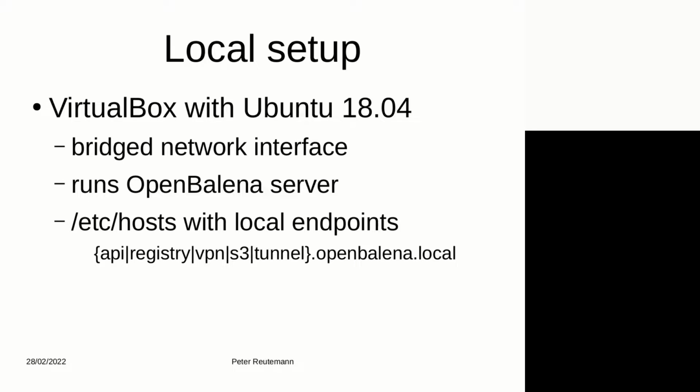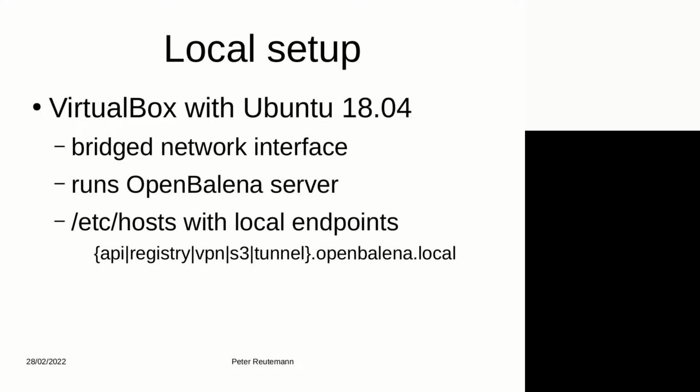On my other laptop, I basically used VirtualBox, where I installed an Ubuntu 18.04. I used a bridged network interface, so it would get its own IP address from my router. And this now runs OpenBalena server. And I also added on etc hosts the API, registry, VPN, S3, and tunnel subdomains as well.